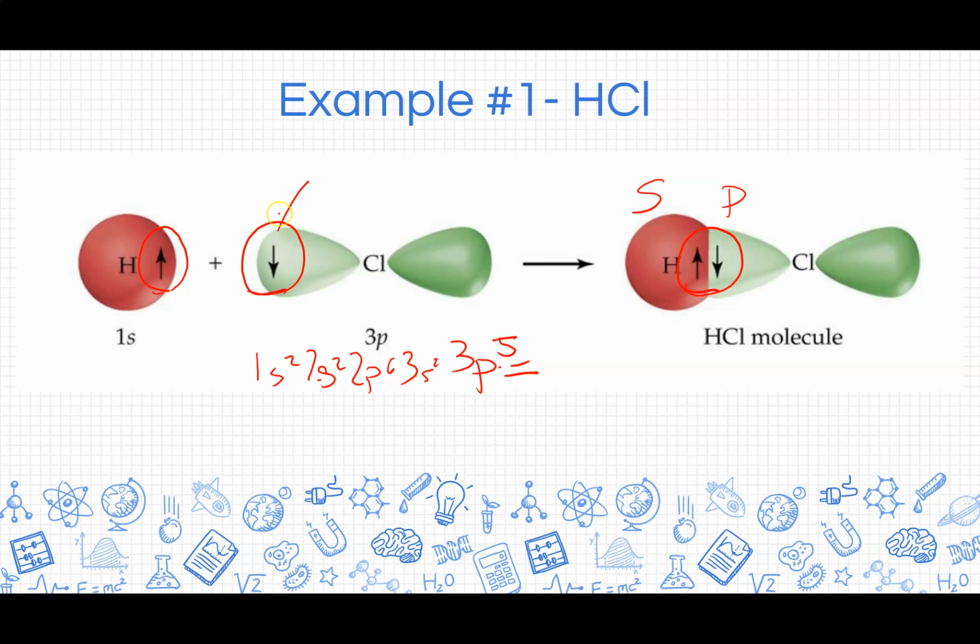So this is actually the 5th electron of chlorine that's unpaired, and that's the one that overlaps. So the overlapping part I explained properly. I was just saying the wrong numbers there.